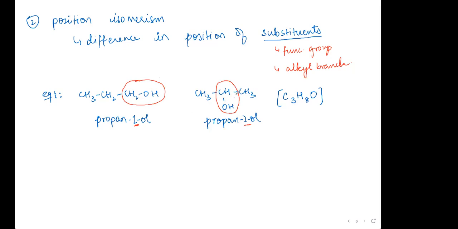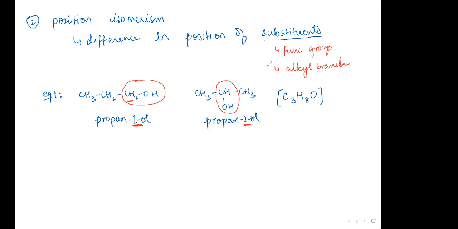For example, if I oxidize both of them, this is going to produce an aldehyde, and with extra oxidation you get a carboxylic acid, purely because the OH is at the cornermost position. But this is going to give me a ketone, which are 2 completely different compounds, right? So that is why the position of the functional group matters quite a lot, and why position isomerism is also important.